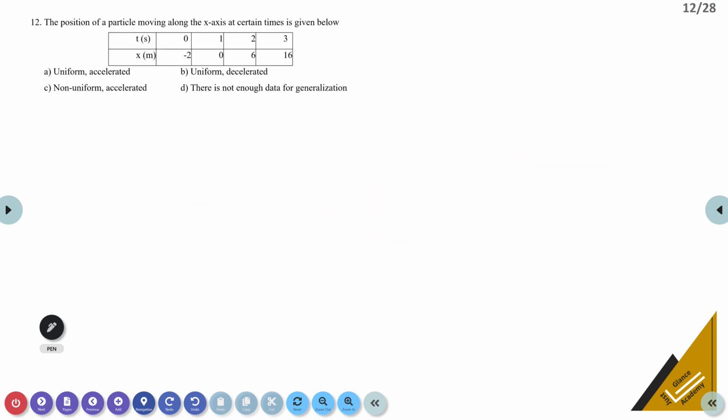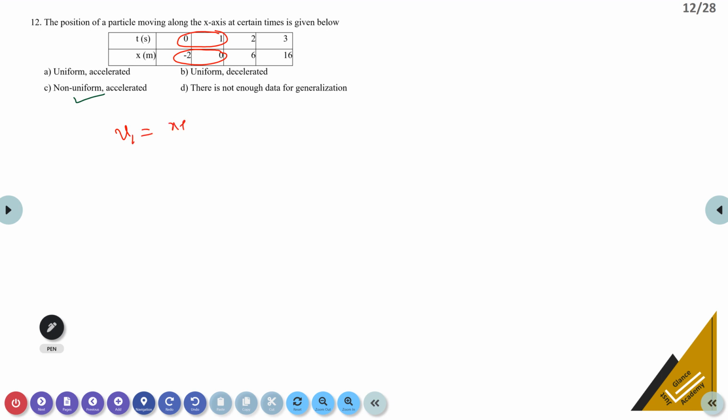Okay, next. First one, in the regular class also I did here. Here it is non-uniform and accelerated motion. Refer your notes. For this interval 0 to 1, this is the displacement.